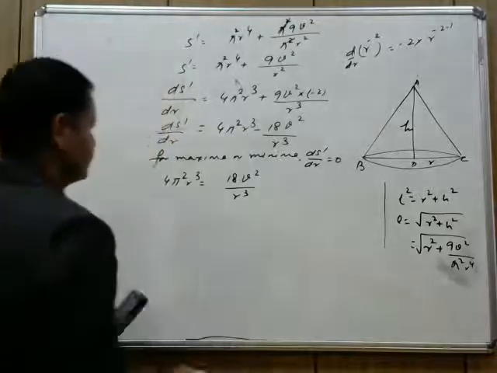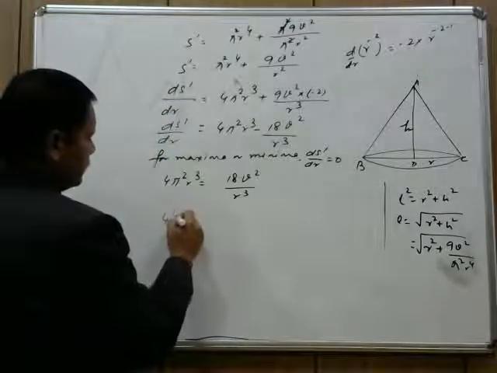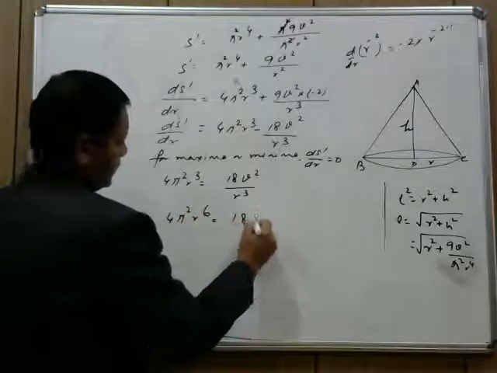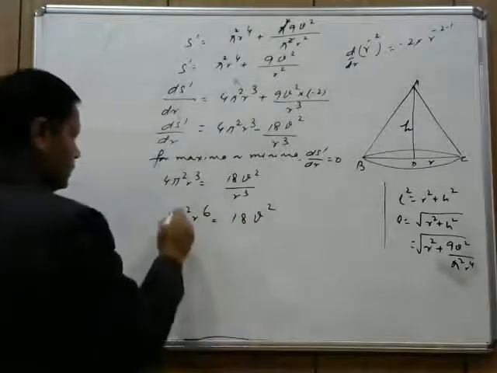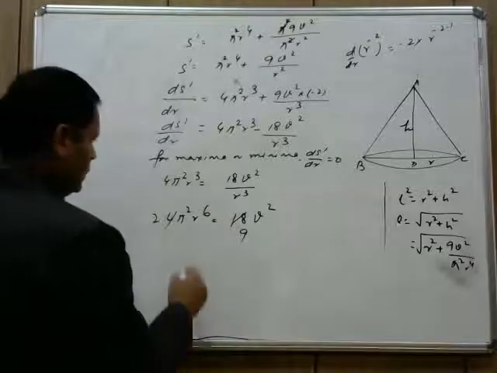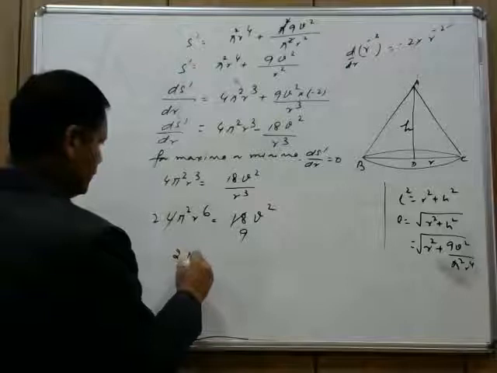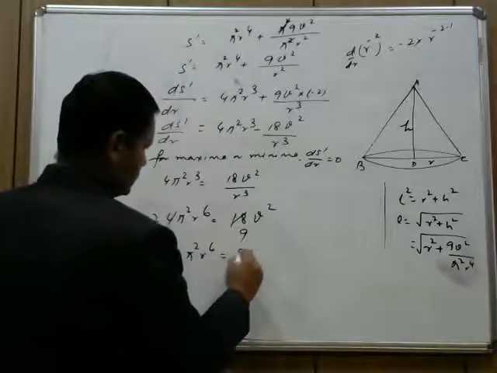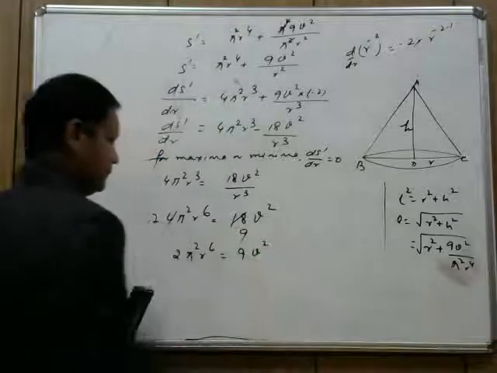And therefore, can I write 4 pi square r to the power 6 is equal to 18v square, 2 2s are 4, 2 9s are 18. So now 2 pi square r^6 is equal to 9v square.